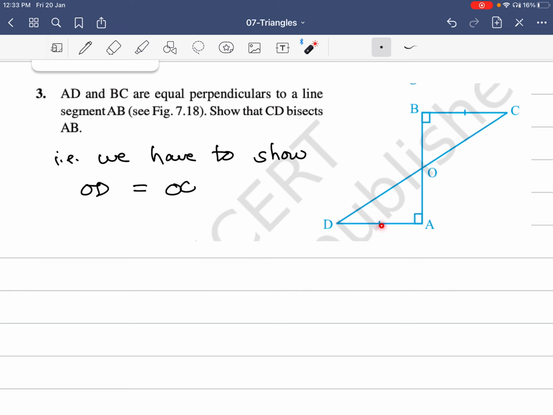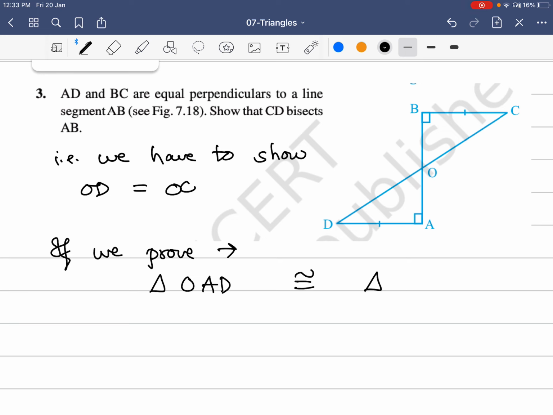If we prove that triangle OAD is congruent to triangle OBC, note I have gone OAD, so I should go in the same order, OBC.